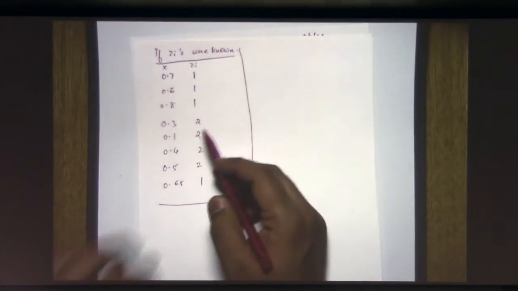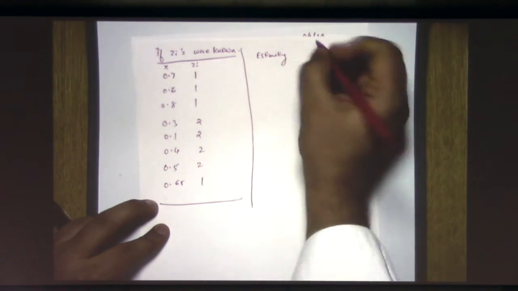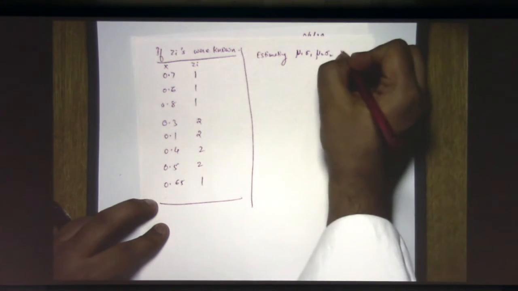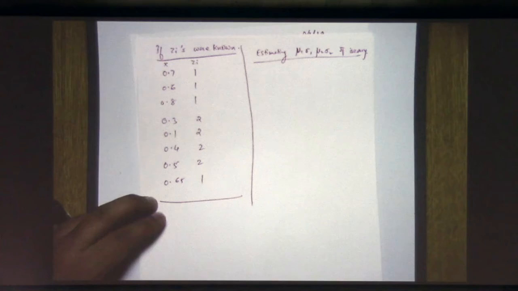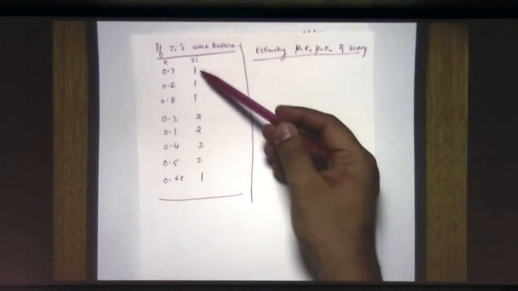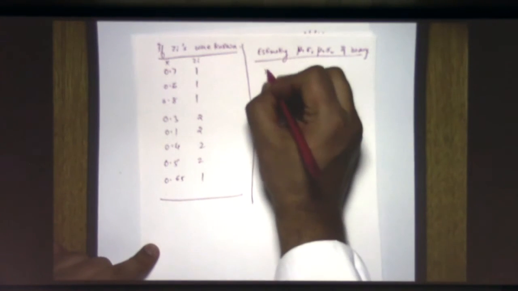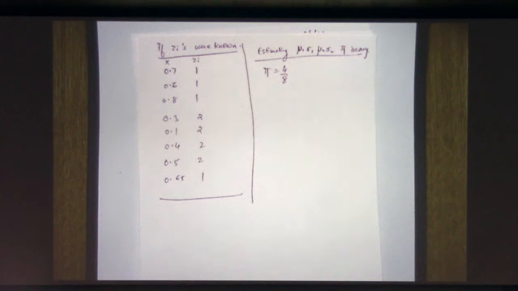Now, estimating mu1, sigma1, mu2, sigma2, and pi is easy in this case. Because pi will be what? Pi will essentially be 4 out of 8, which is the number of times you see zi equal to 1 in the whole data set.